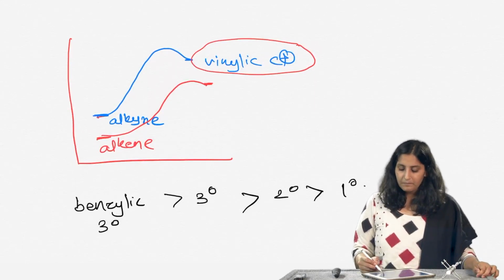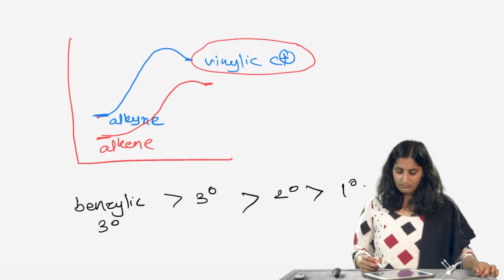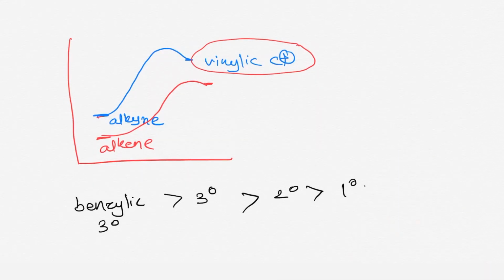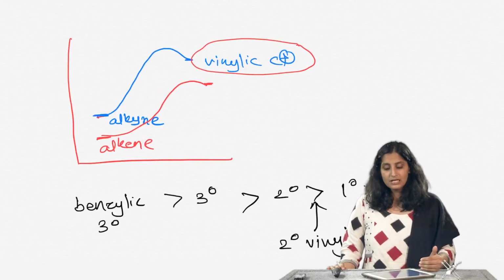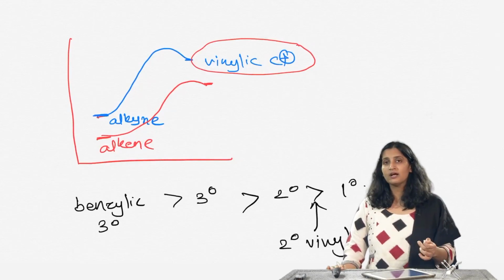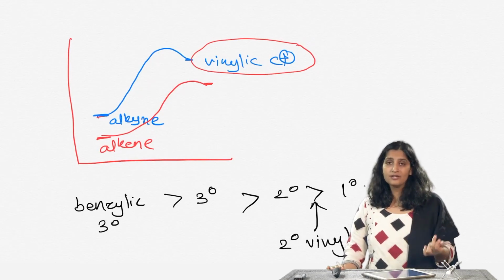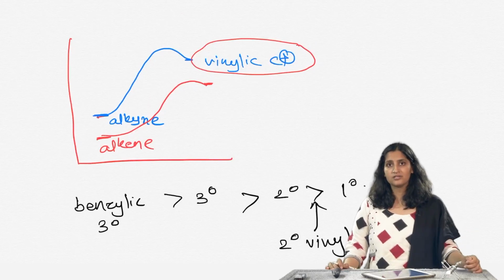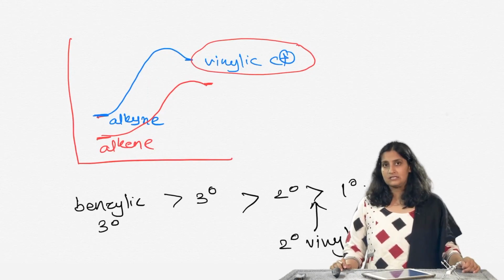Now, it turns out that the vinylic carbocation is going to lie somewhere here in between secondary and primary. So, a secondary vinylic is going to be less stable than a secondary carbocation, and that is the reason why alkynes are less reactive, even though they have a higher amount of energy than alkenes.